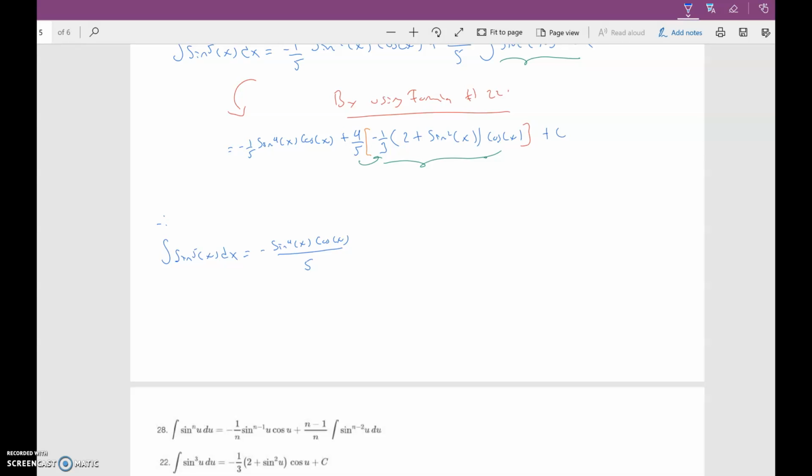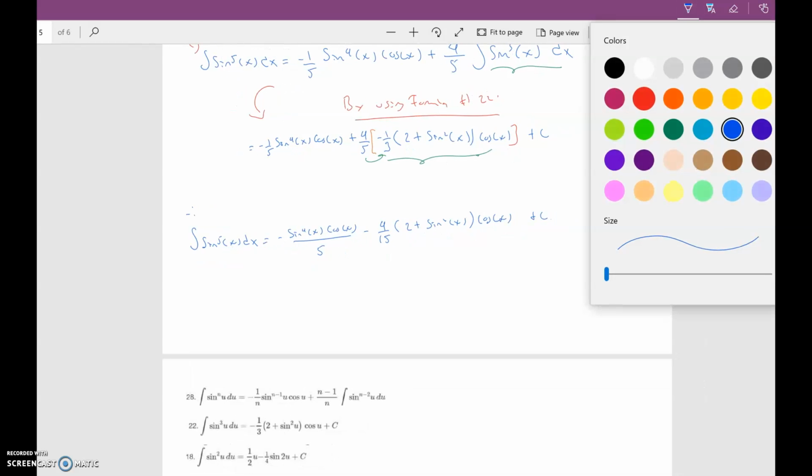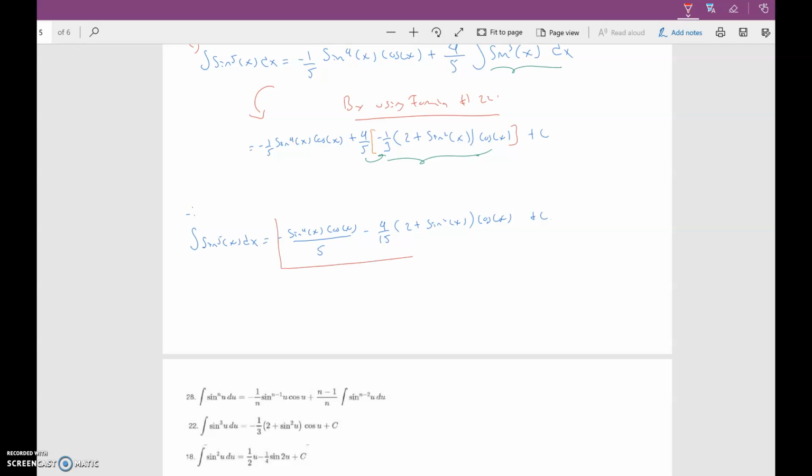So minus, and let me just rewrite it as 4/15 times 2 plus the sine squared of x cosine of x plus c.